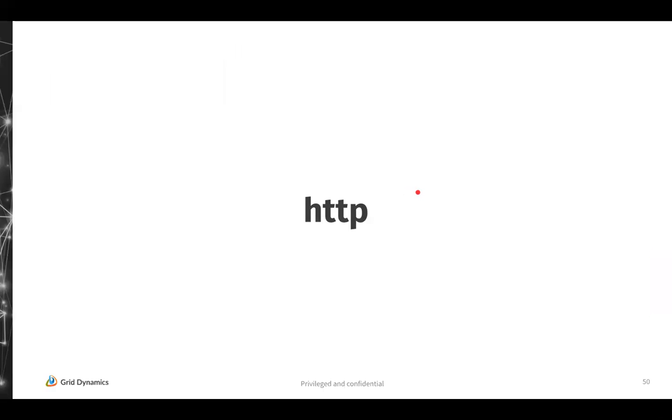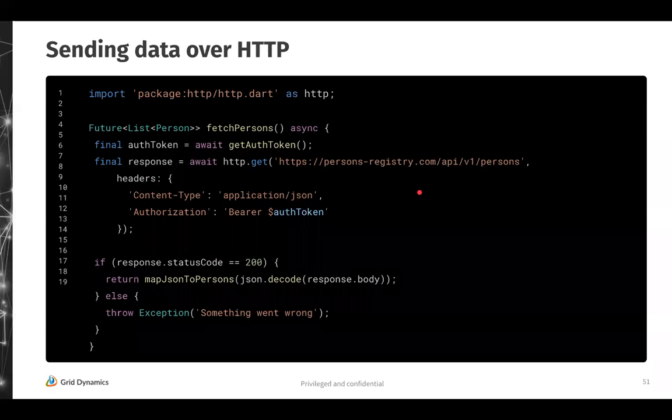Let's take a look at a quick example of its usage. So here is how it looks, nothing fancy here, nothing exciting really. We just have to call the corresponding method of the HTTP object in order to launch the request that we would like to launch.